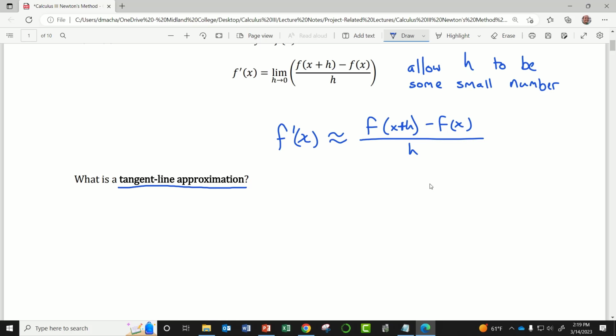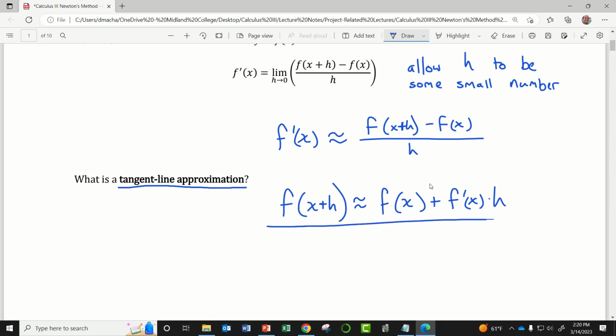And if I make those rearrangements, I'm going to get the equation f of x plus h is equal to, or approximated by, I guess I should say, f of x plus h times f prime of x. Okay? And this is what we mean whenever we talk about the tangent line approximation.